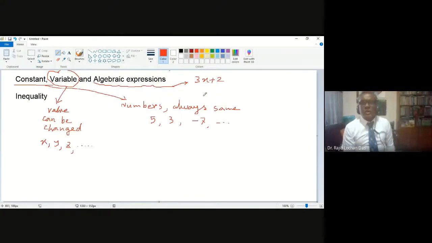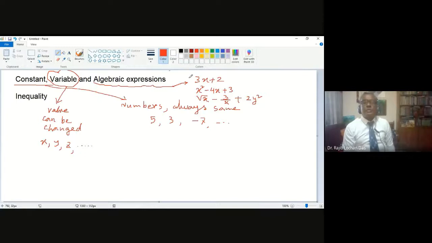So this is one example, and maybe if you write x square minus 4x plus 3, that is also an expression. If you write, say, root over x minus 3 by x, that is also an expression. You can have some more variables like 2y square, that is also an expression.